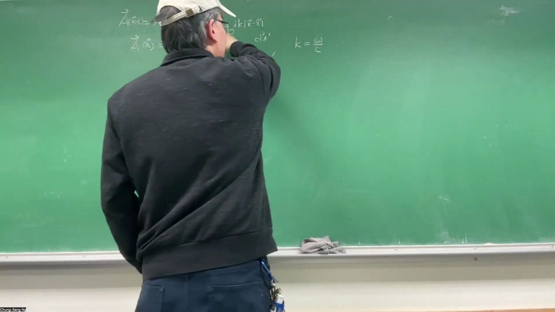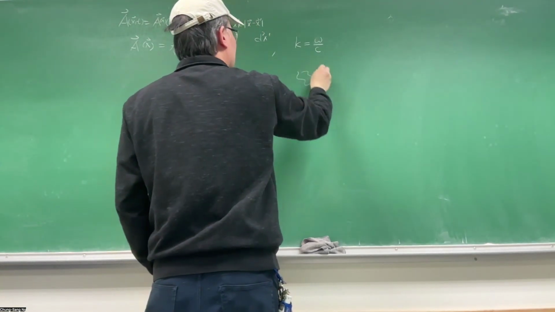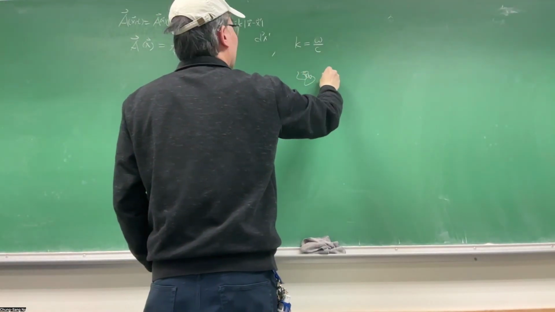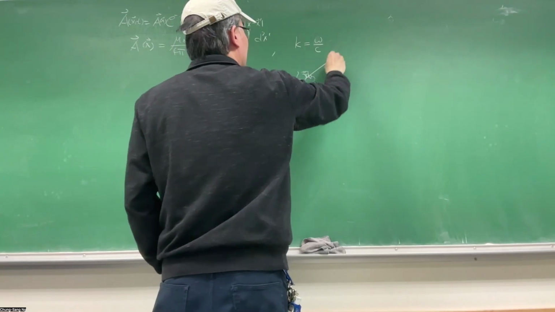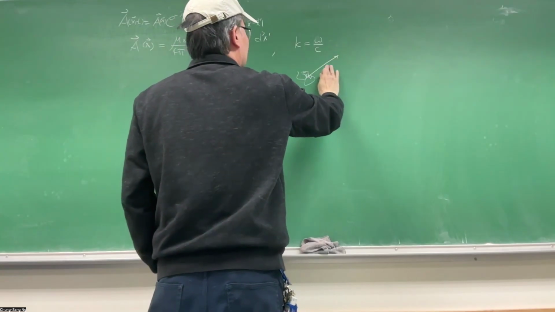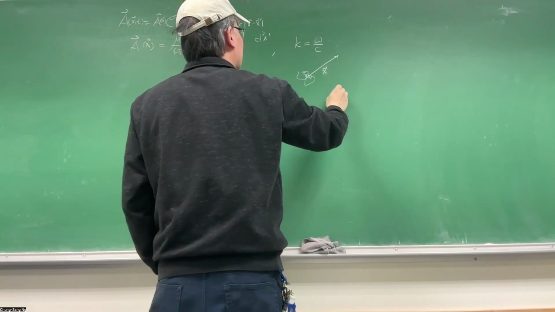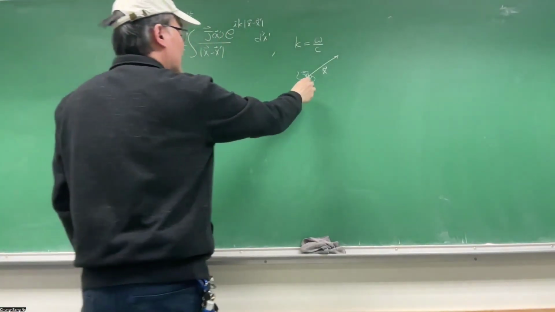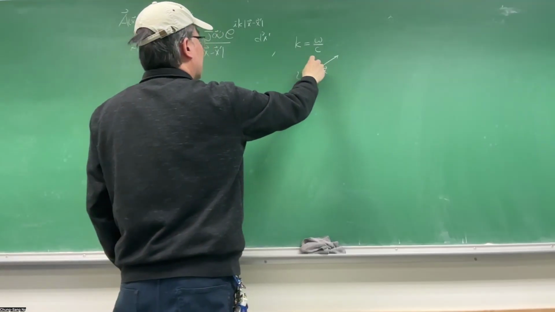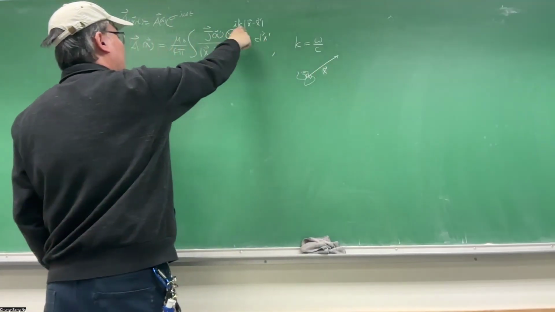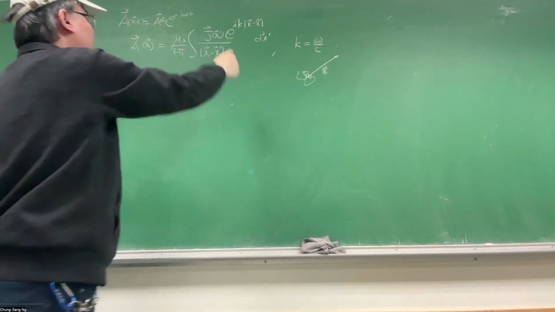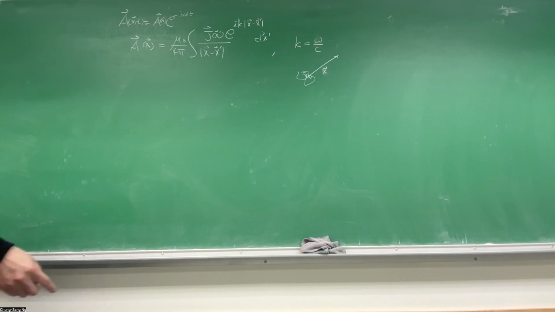Basically the source J is some localized current density, and you consider observing at x, which is outside the source. x is much greater than x prime, where x prime is where J is non-zero.